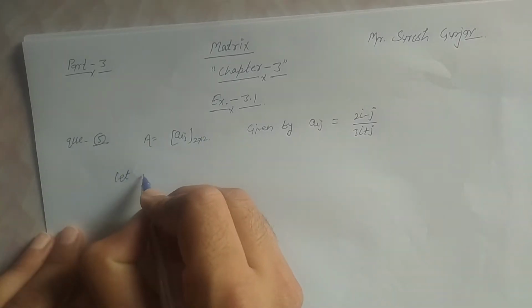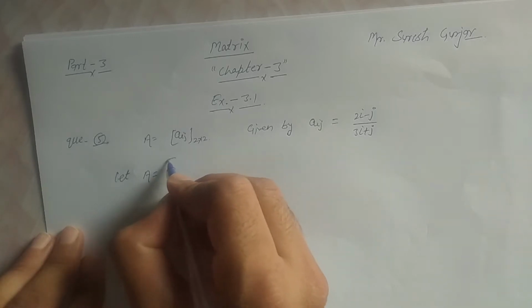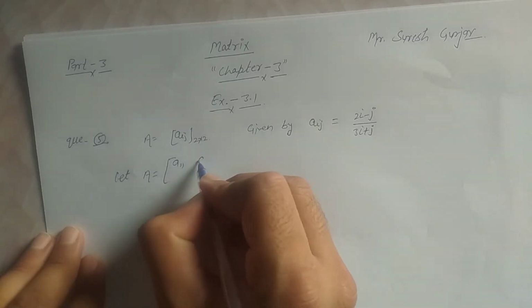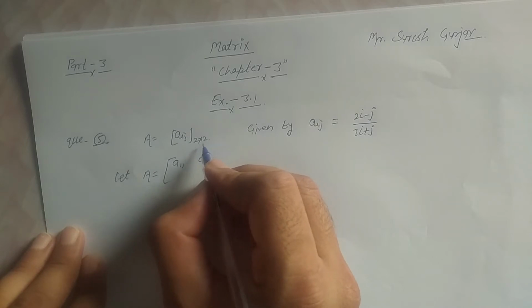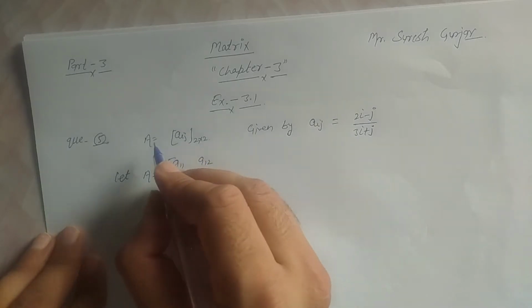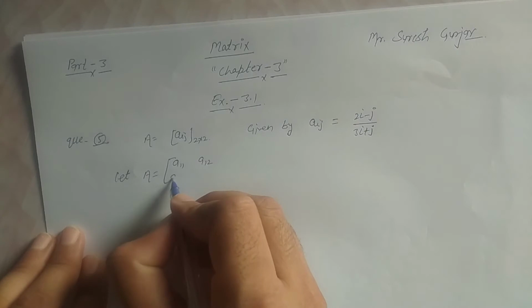Let matrix A be [A11, A12; A21, A22]. The order of matrix A is 2 by 2.